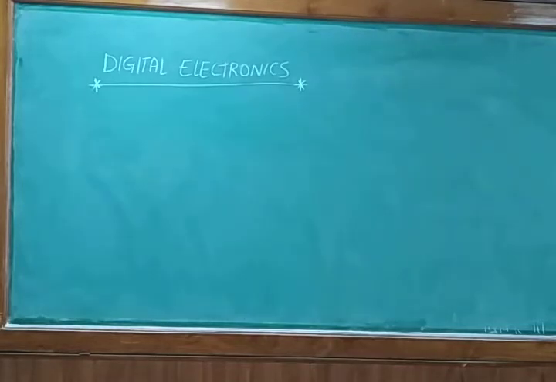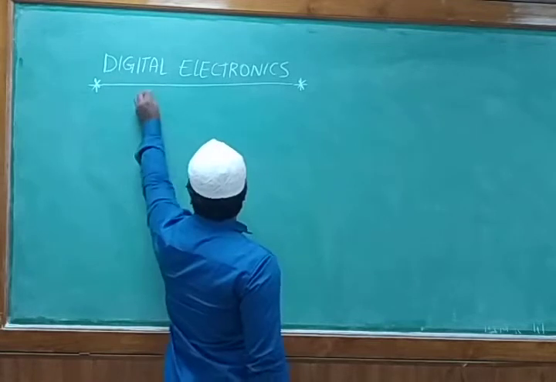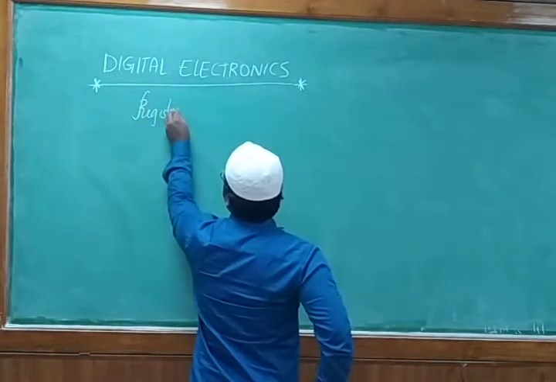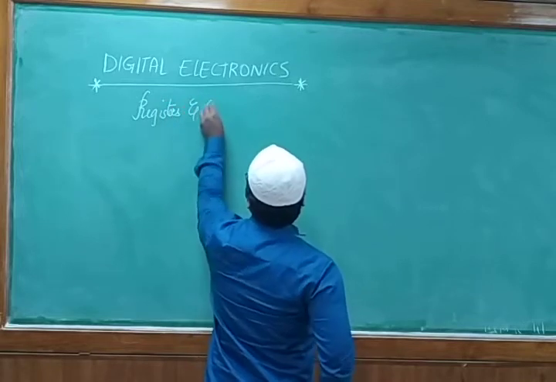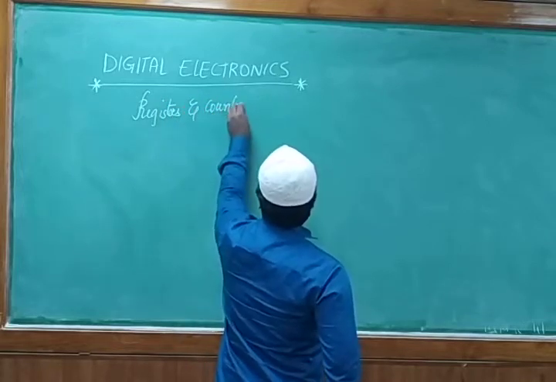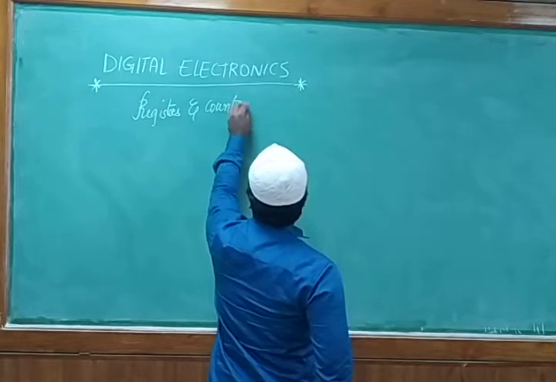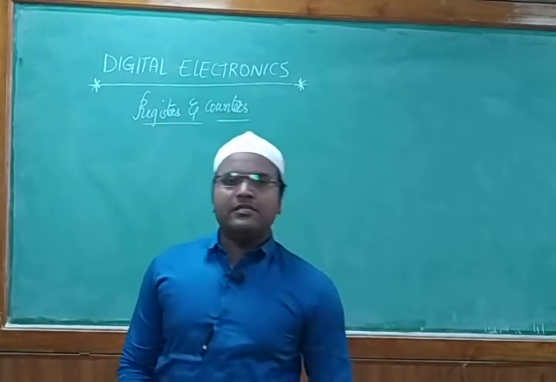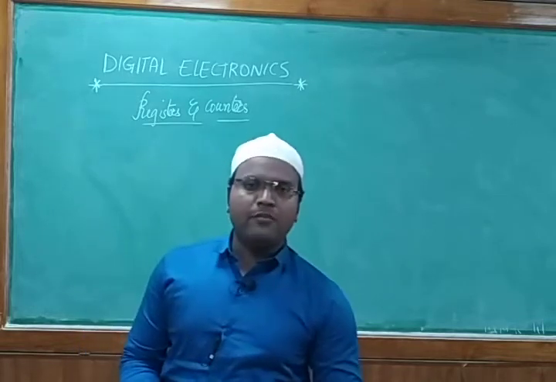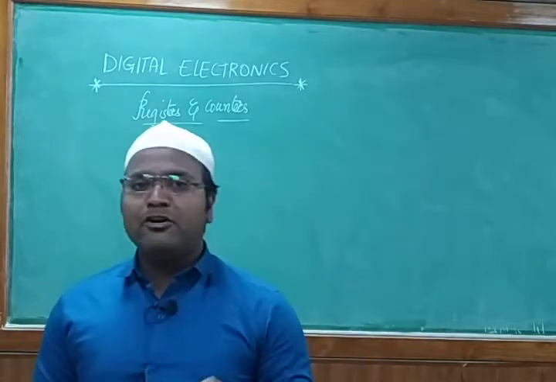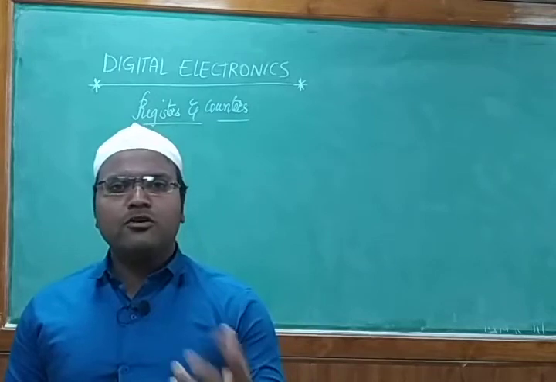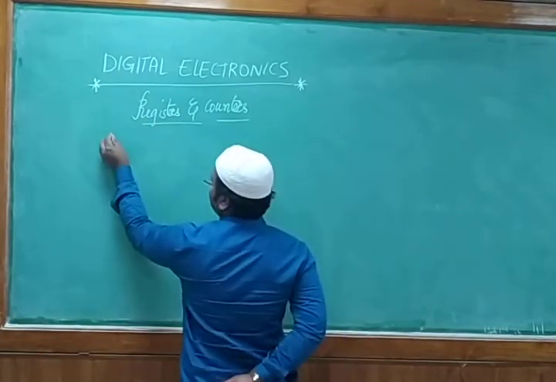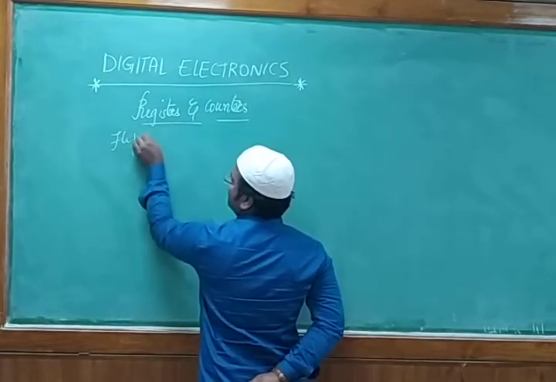The second concept for us to discuss would be the registers and counters. So what's the meaning of registers? A register is made of flip-flops. It's a combination of flip-flops. It is going to store a bit of information. So to design the registers, we are considering the flip-flops.